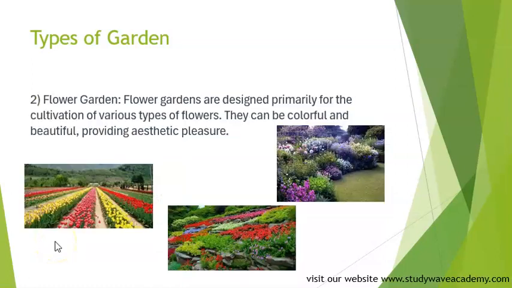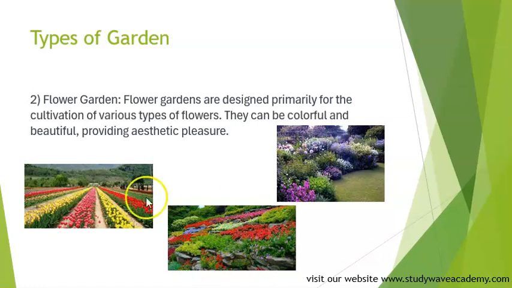We also have the flower garden. The flower gardens are designed primarily for the cultivation of various types of flowers. They can be colorful, beautiful, providing aesthetic pleasure. Is the planting of different flowers like we have over here, different beautiful flowers.